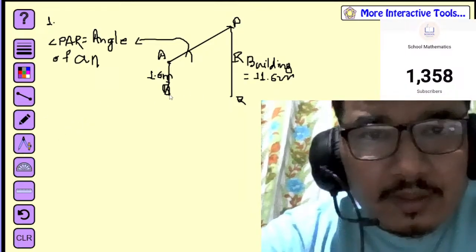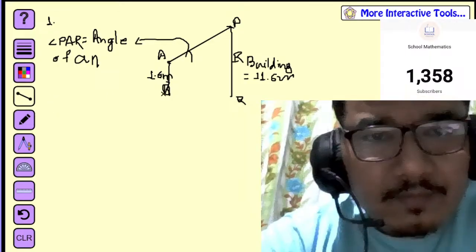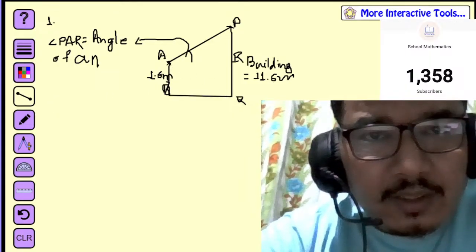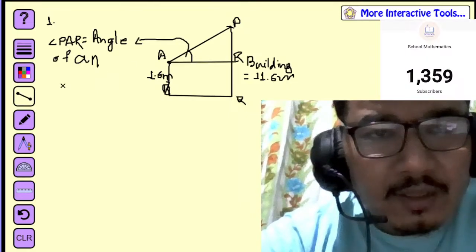See, this line we joined here, and here also joined, forms an angle.